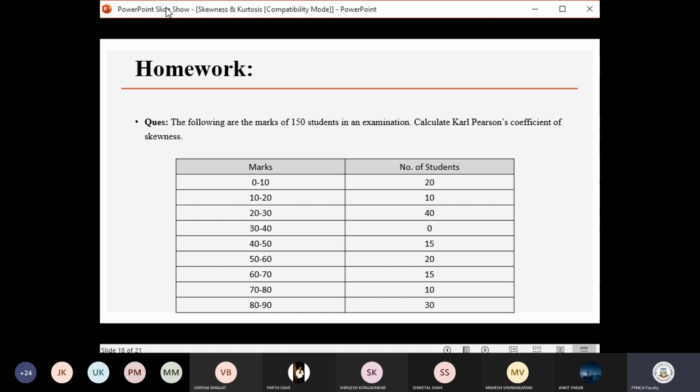You will have to calculate mean and mode value. In this example, we have to find the less than cumulative frequency. So if you are calculating median, that will be the required case. In this particular case, mean will be required, standard deviation is compulsory, and mode or median. So if you are not using mode, you can go for median.